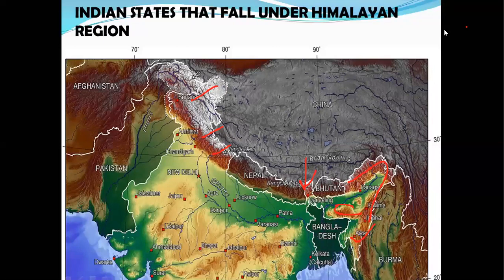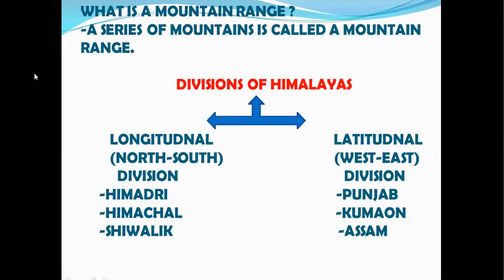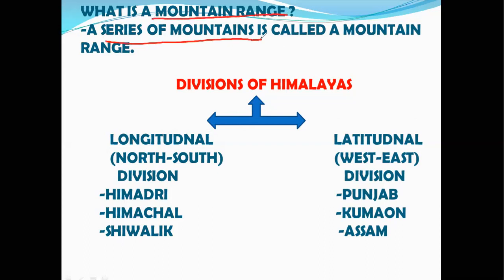Now the Himalayas do not contain a single mountain. Instead, they contain a series of mountains, and thus it is called a mountain range. A mountain range is a series of mountains running along each other.